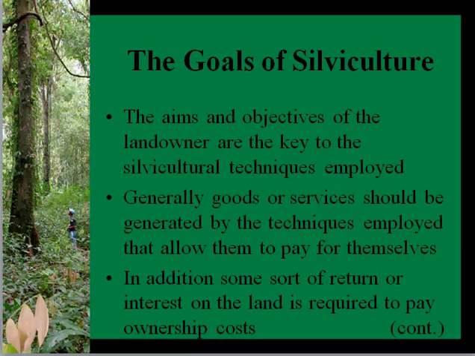Landowners usually have to pay some ownership costs, whether they be land taxes, or payments on interest rates on money which was borrowed from the bank to buy the land in the first place. So all of these things are ownership costs.